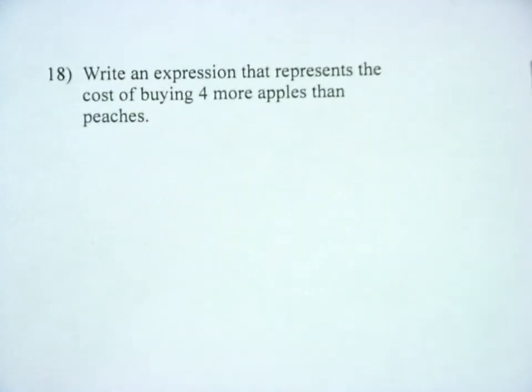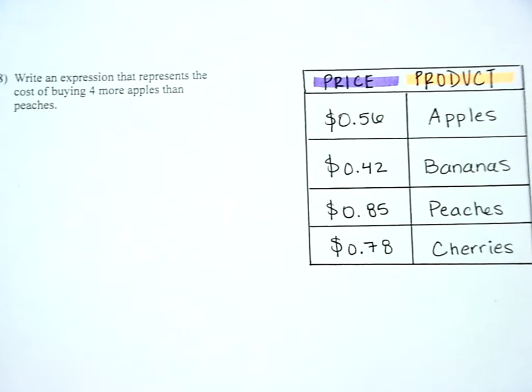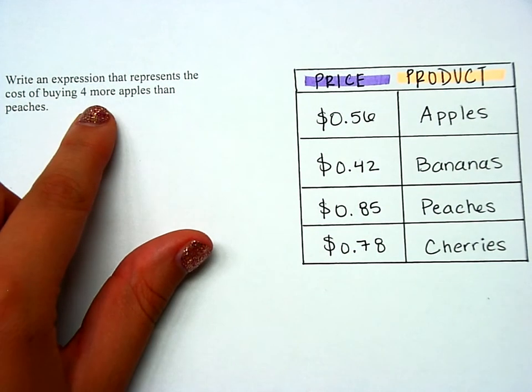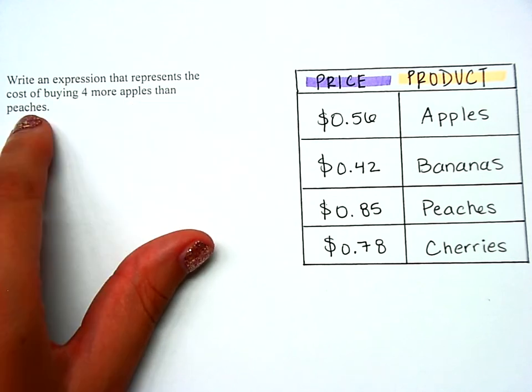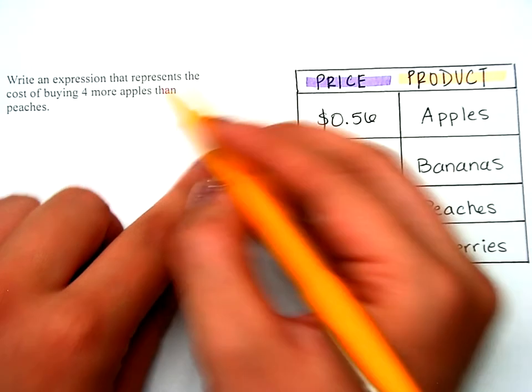Write an expression that represents the cost of buying 4 more apples than peaches. Okay, so again, we don't know how many of each we are buying. So I'm going to zoom out just a little, and I'm going to write next to my table some expressions for how many of each we're buying. Okay, let's start with apples. So it says 4 more apples than peaches. So apples is some amount that's 4 more than peaches.